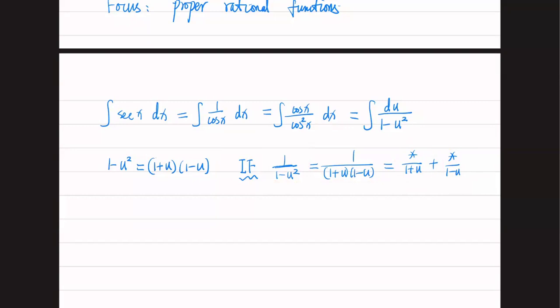Okay. This step, partial fraction decomposition. I think it was discovered by Leibniz.